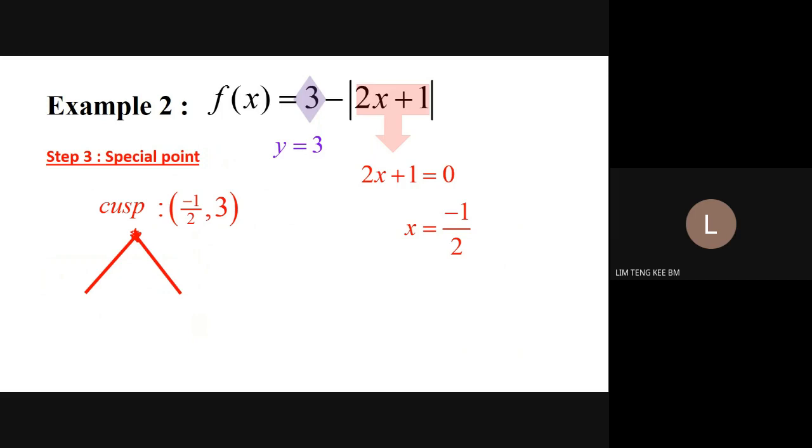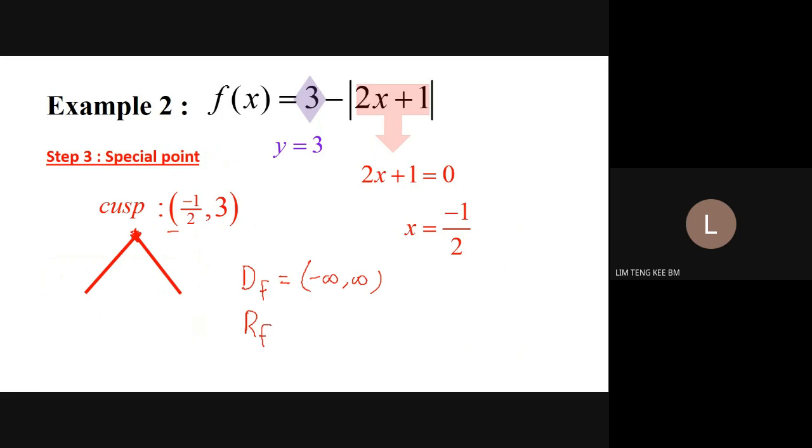And when we reach here, if you want to decide the domain and range, based on this curve point and the shape of the graph I have, I find out that the domain can travel all the way from negative infinity to infinity.